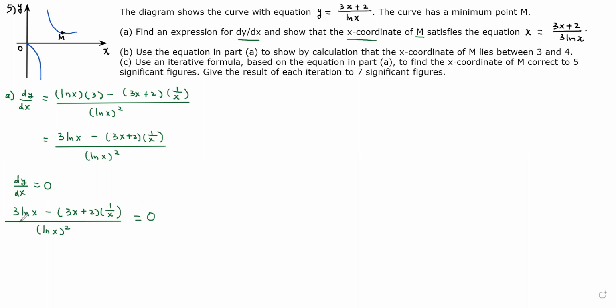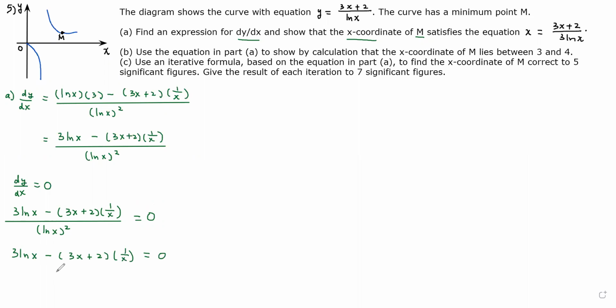So if this part here is 0, when we cross multiply the denominator over, then we have 3 ln x minus (3x plus 2) times 1 over x.